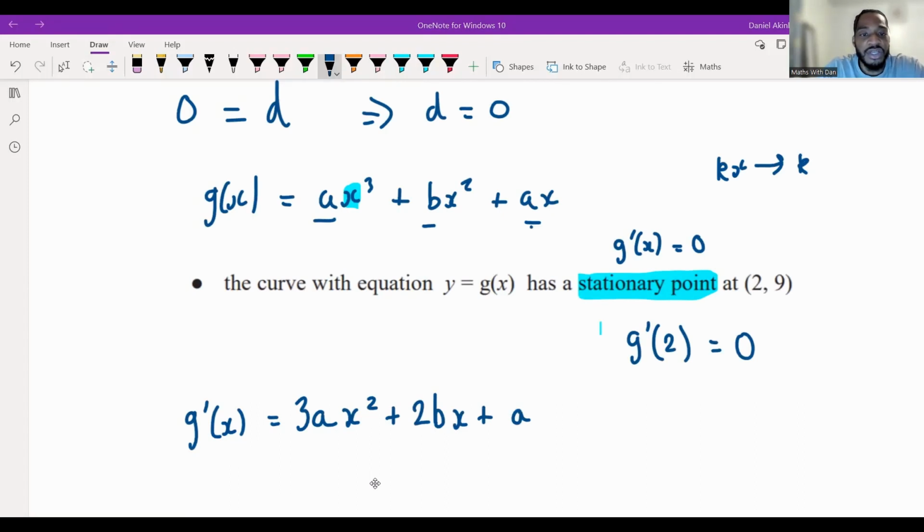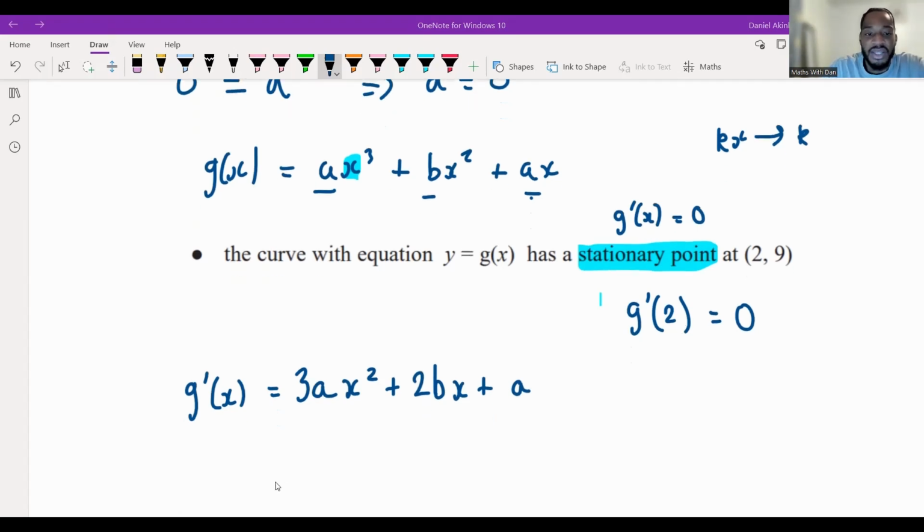Just before I continue, this is very important. Yeah, good stuff. Now remember, there's a stationary point that occurs at 2, 9. That means when I plug in x is equal to 2, I will get 0 out. So that would mean here that g dash of 2 is equal to 3a times 2 squared plus 2b times 2 plus a.